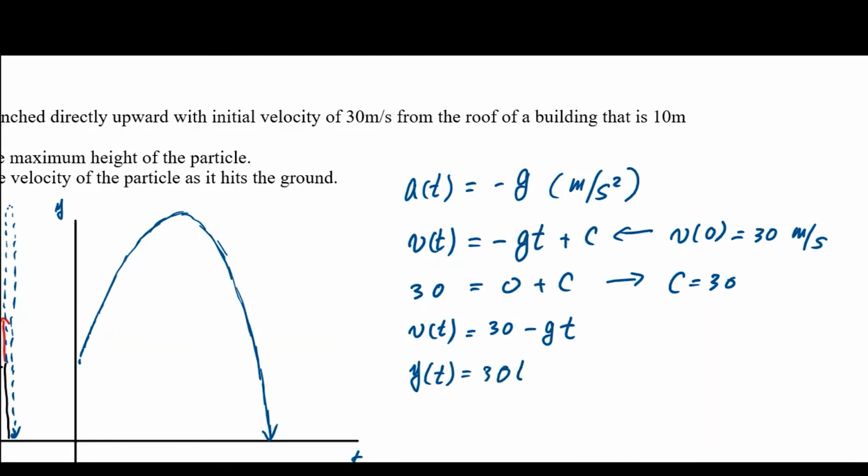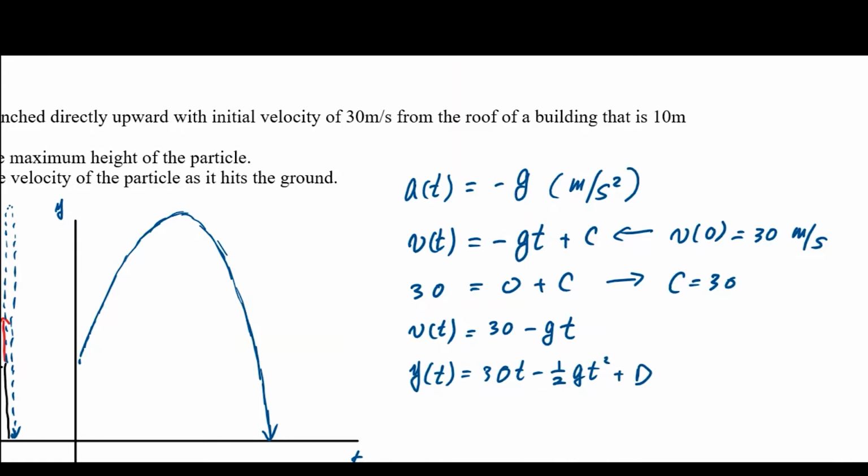Okay. Now, in order to find the height, the vertical position function, we take another antiderivative. So this becomes 30t minus g t squared according to the power rule. Then, of course, we have to put 1/2, right? So that the 2 comes down and multiplies and cancels. Okay. And then we pick up another constant. Let's call that d. So far with me?